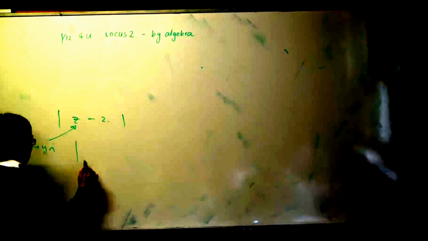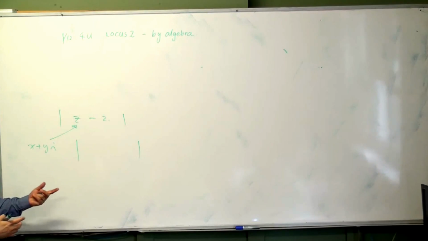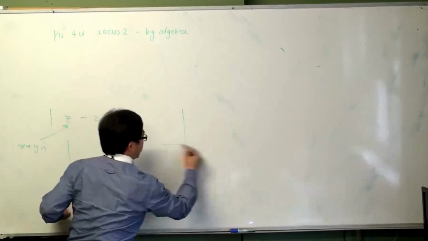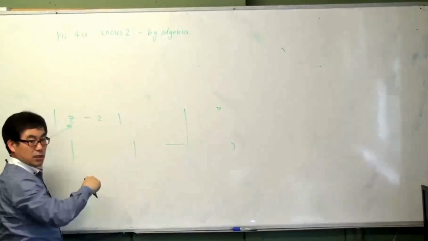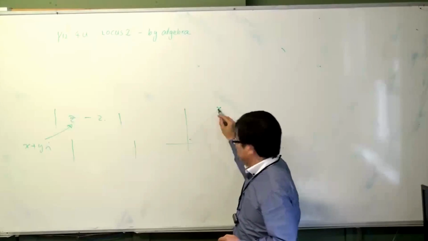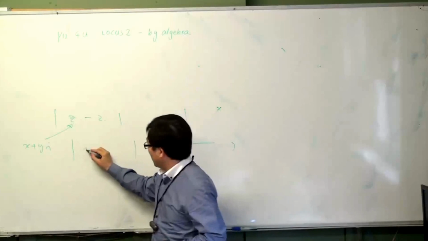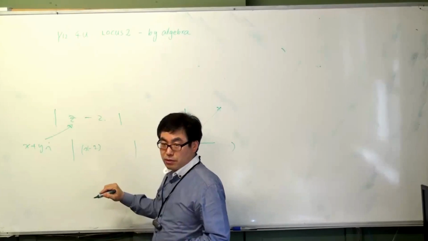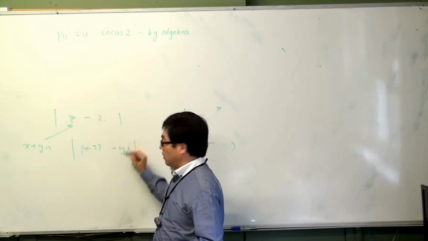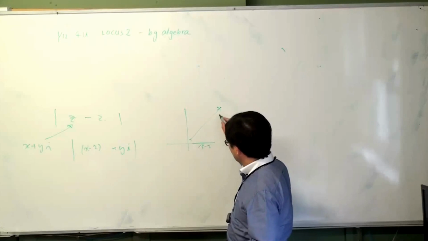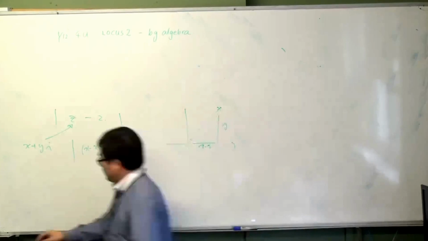Then we collect real parts together, imaginary parts together, because we are interested in the modulus, which means the total distance, the Pythagoras theorem. So real is x minus 2, plus yi, that is x minus 2 and y. Okay?